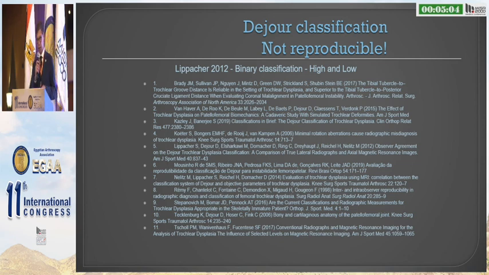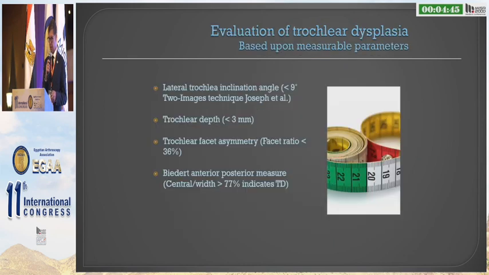So Dejour has, together with Lippacher, found out that if you use it as a binary classification, it's more reproducible, meaning either high or low. However, for scientific purposes and for daily clinical practice, the Dejour classification lacks something. So I think you should evaluate trochlear dysplasia on measurable parameters.